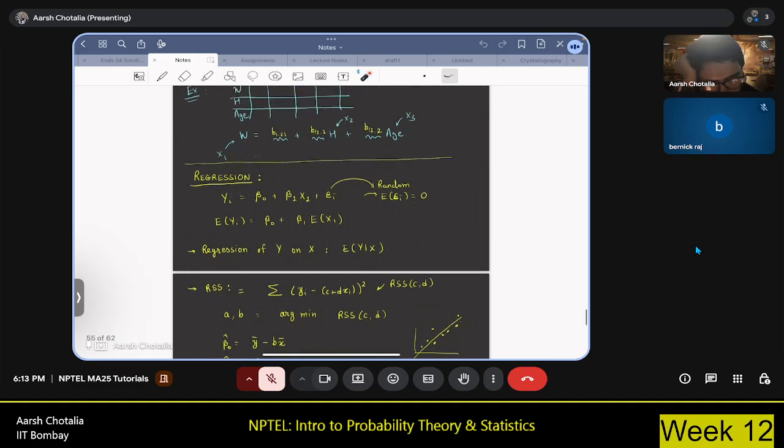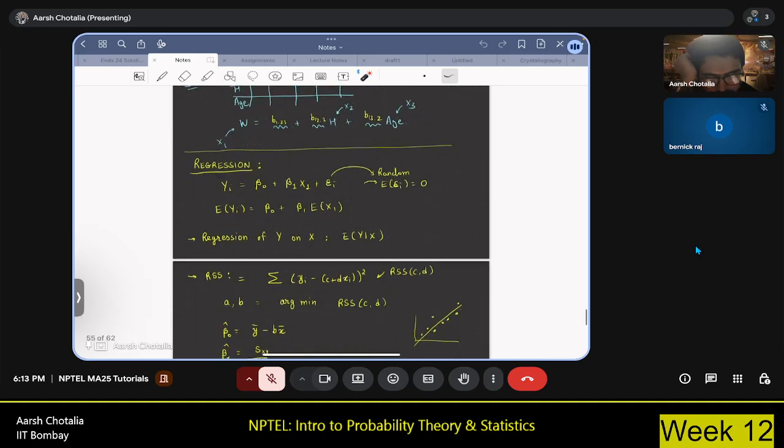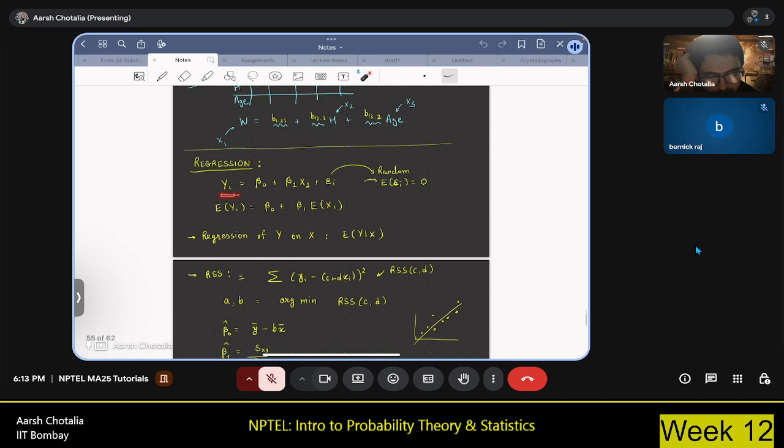So regression in general would be of this form: yi is equal to beta naught, some constant, plus a constant times x1. So this is the input. And the data we will have will not follow exactly this. There would always be some error, which we denote by epsilon i, and we assume that the expectation of epsilon i is 0.